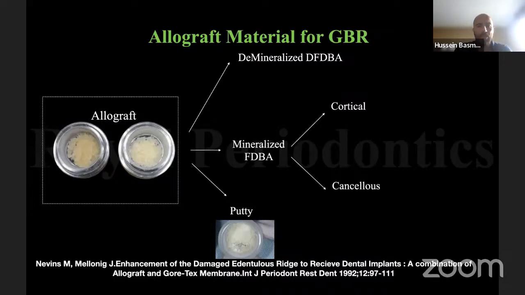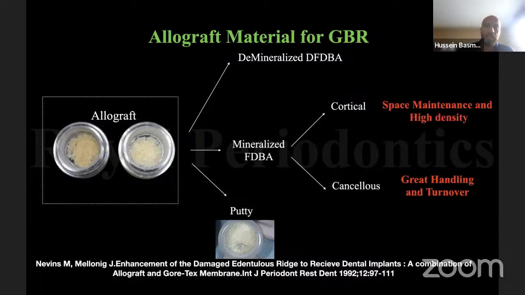It's very close to the consistency of a sticky bone when the bone graft is mixed with PRF. Then we have the mineralized, which means the cortical and the cancellous. This basically tries to combine the characteristics of both options.